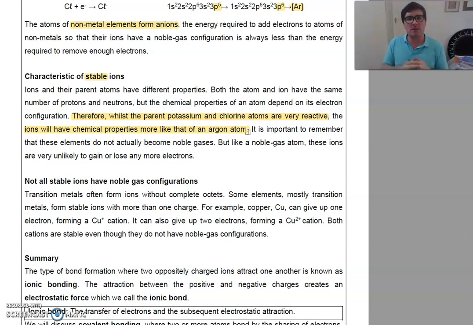Okay, so they become more stable. Chloride ions and potassium ions are much more stable. They behave much more like a noble gas atom does. Why? Because their electron configuration has changed. And remember, it's the electron configuration that's responsible for how an atom will react.